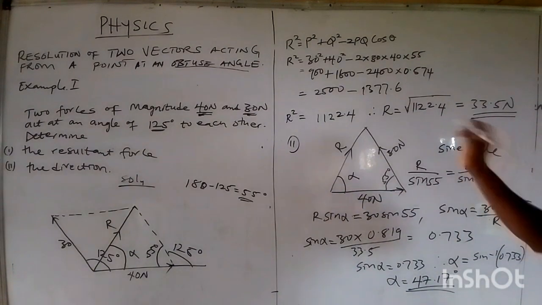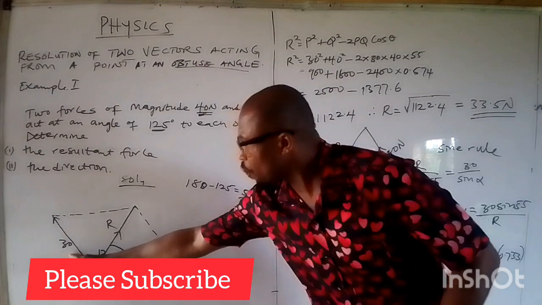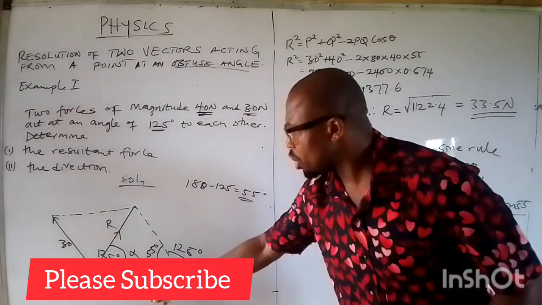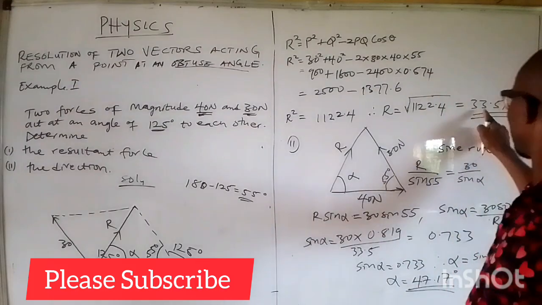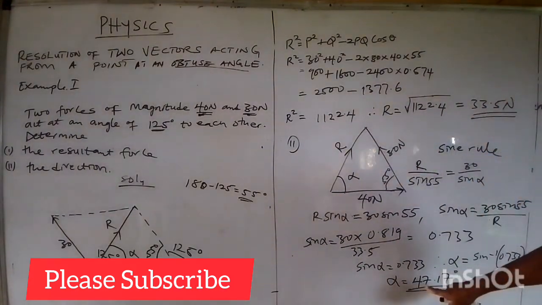So, this is our angle here. Therefore, we can now conclude that the resultant of these two forces, 30 Newton and 40 Newton, is 33.5 Newton at this angle.